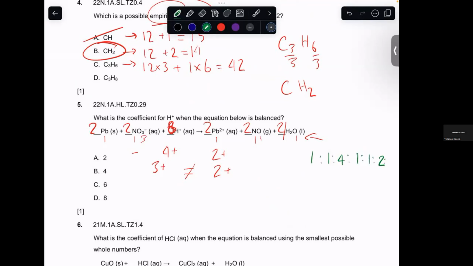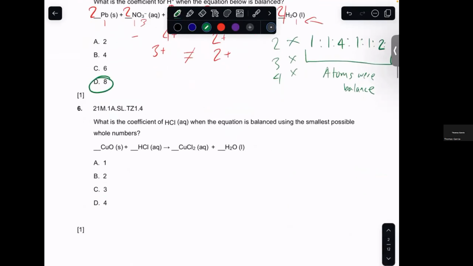So we honestly just had to keep going. So this times 2, and if that didn't work, we would do it times 3. If that didn't work, we do it times 4 until our charge is balanced, because this is the only ratio where the atoms were balanced. So we're going to find out it's D, 8.